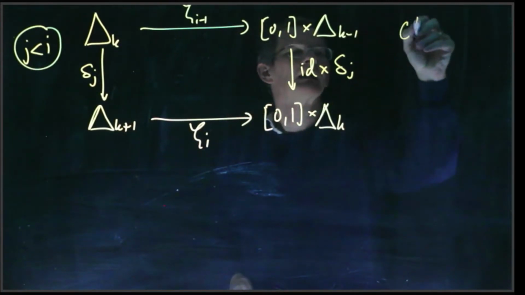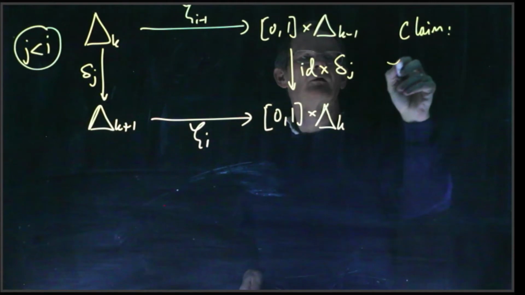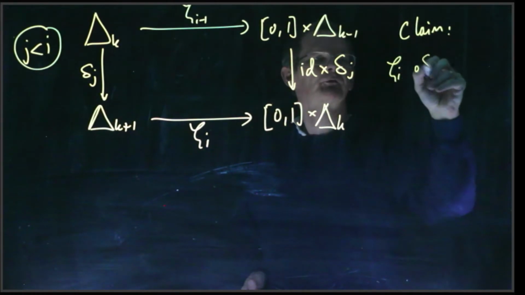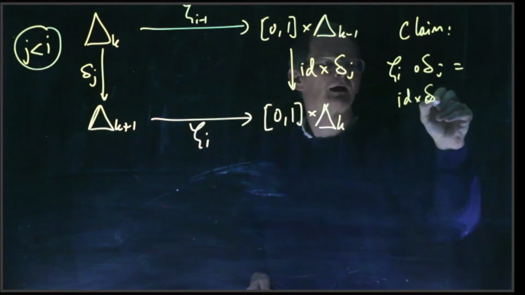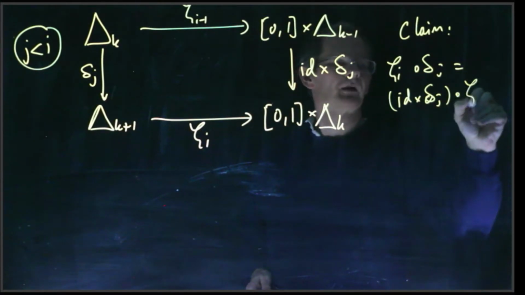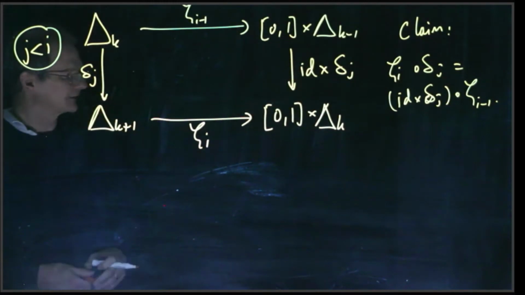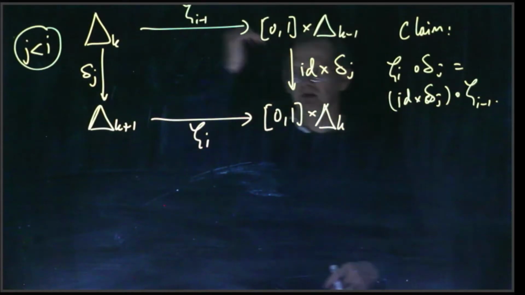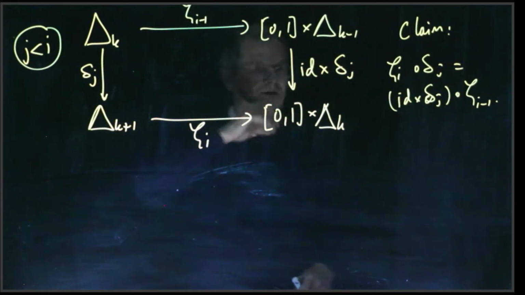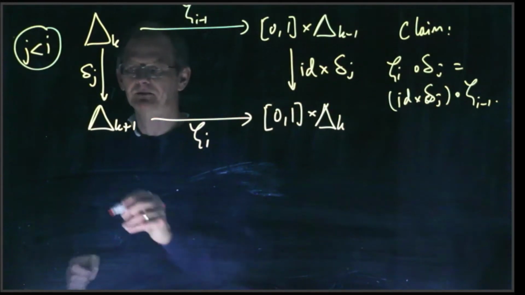So our claim is that zeta i composed with delta j is equal to id cross delta j composed with zeta i minus 1, i.e. the diagram commutes. To prove this claim, these are just linear simplices. Everything here is basically linear, so it's enough just to check that the vertices go to the right place.